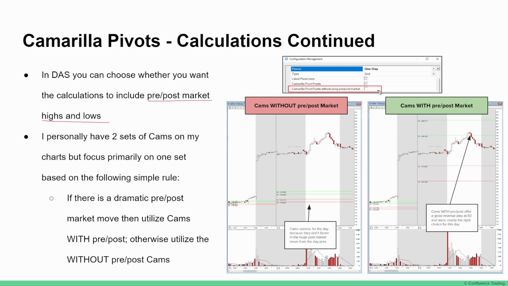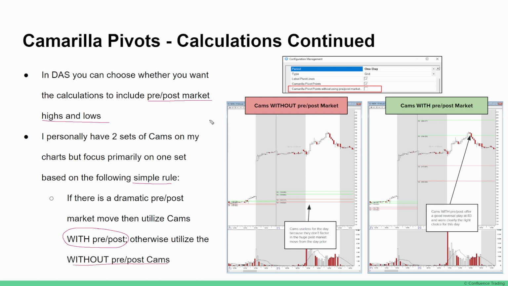Determining which set of cams you should focus on for that day is very simple, and it boils down to this single rule. If there is a dramatic pre- or post-market move, then utilize the cams that include pre-post data. If there's not a dramatic move, then just utilize the cams that do not include pre-post market data.